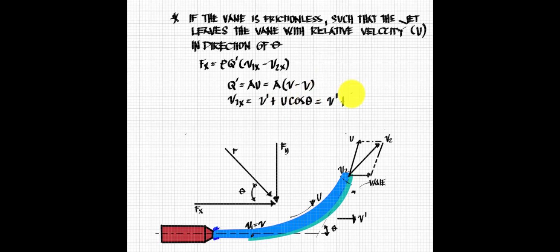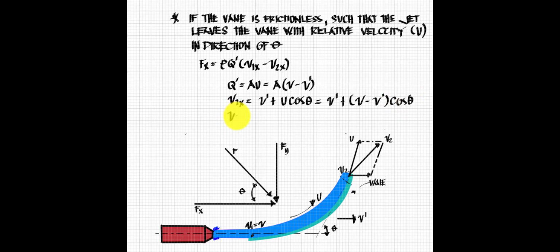So the value of our u will be velocity of the jet minus velocity of the vane, then multiplied by the cosine of theta.